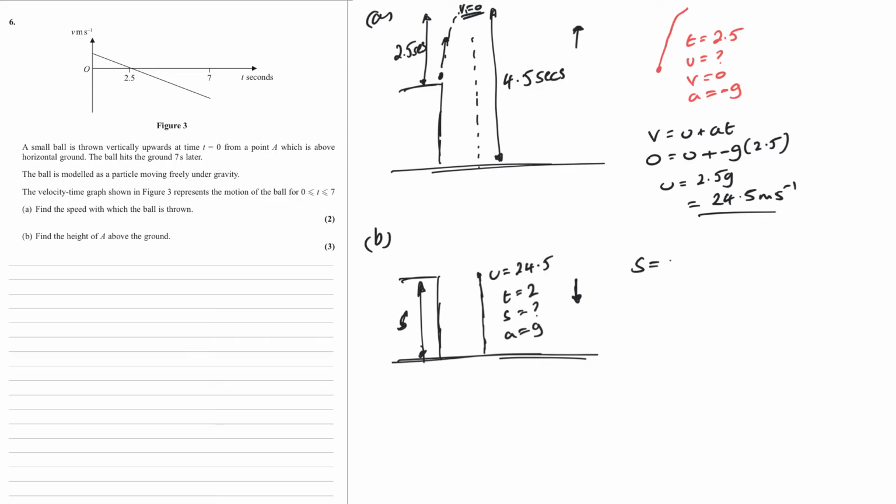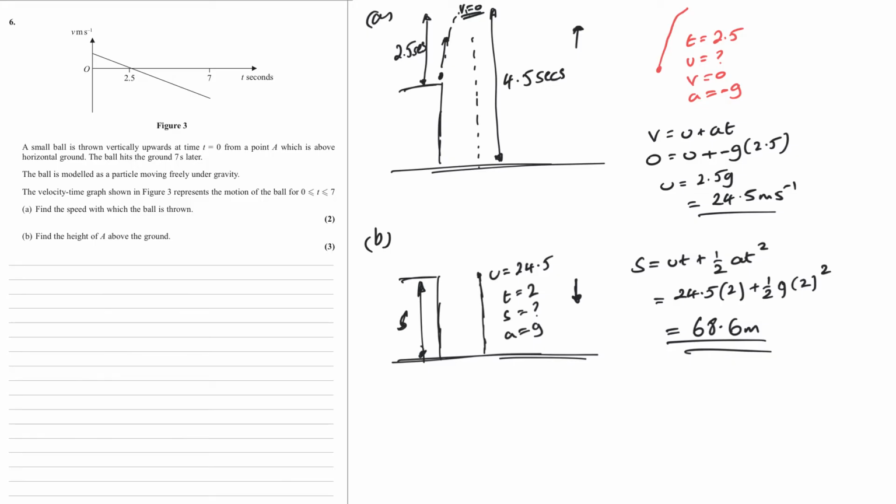This is, of course, S equals UT plus a half AT squared. So we've got 24.5 times 2 plus a half times G times 2 squared. And that gives me 68.6 meters.